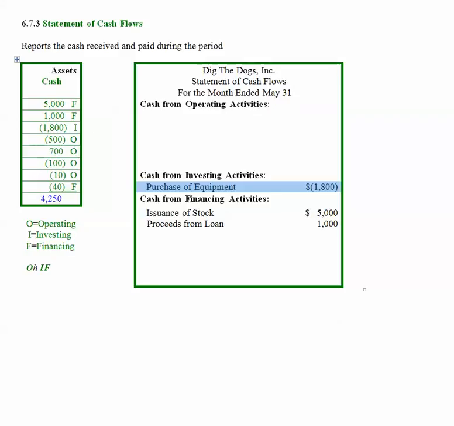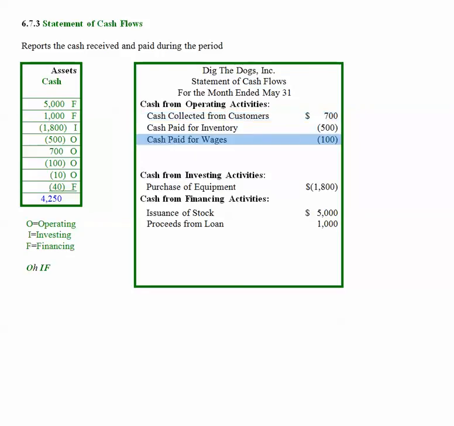The next items are all in operating activities, and I'm going to go slotting them in order. Here we have minus 500. That was the cash paid for inventory. You'll notice I left a space here because usually the first line here is going to be the cash you collect from your customers, which is the very next item. Then we have the 100 for the wages, and then you have the cash paid for interest, and that's all of your operating.